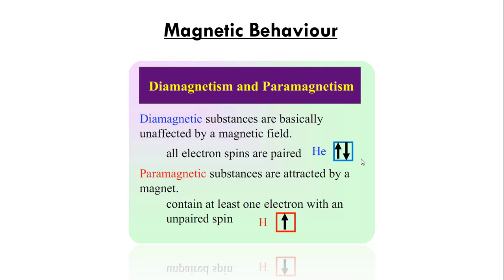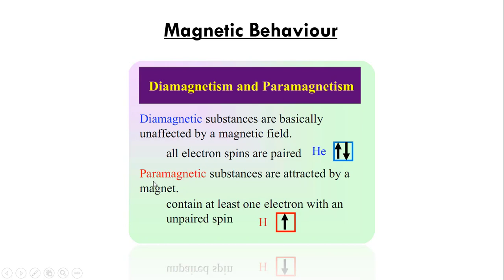So there is no spin motion, and since they are paired electrons, there is no orbital motion also. That is the reason diamagnetic substances are unaffected by, or repulsed by, the external magnetic field.